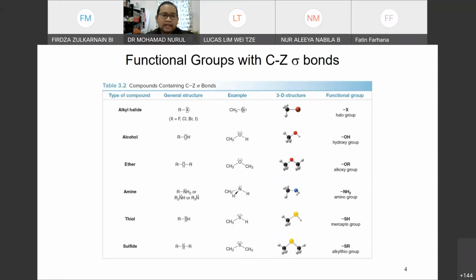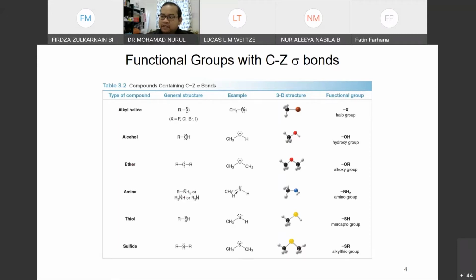Alkyl halides, we know these are group 17 or 7A elements, which include fluorine, chlorine, bromine, and iodine. For alcohols, ROH, anything that has an OH functional group we can call an alcohol. Ether is if we replace the H with an R group; this is what we call ethers.